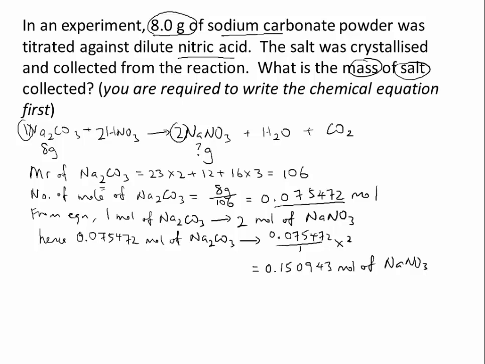But we want to find the mass of sodium nitrate, so find the MR first. MR, molar mass of sodium nitrate, is equal to sodium plus nitrogen plus oxygen times 3, equal to 85.